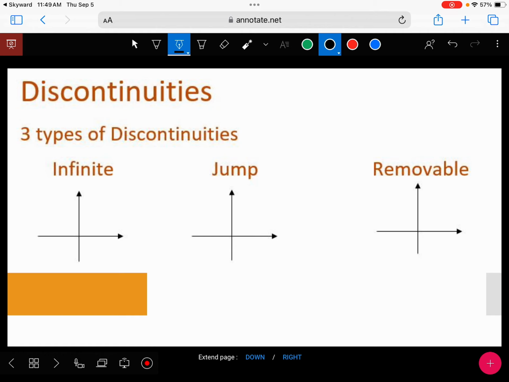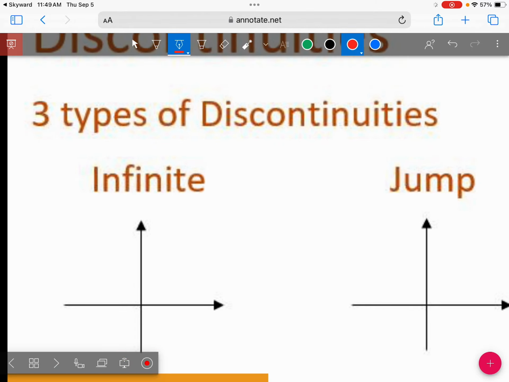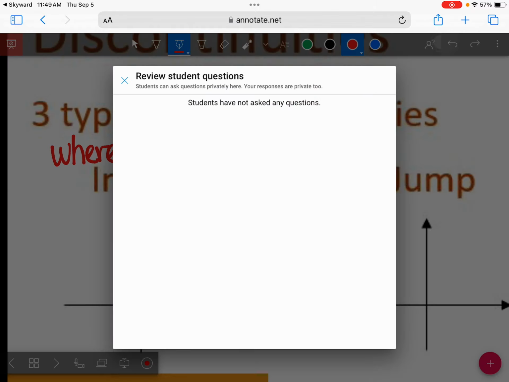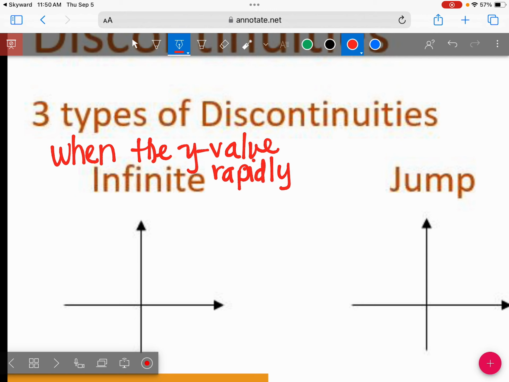Okay, so let's talk about the types of discontinuity. The first one is infinite, and that's when the y value rapidly approaches positive or negative infinity.